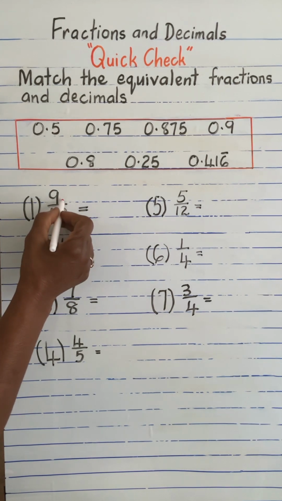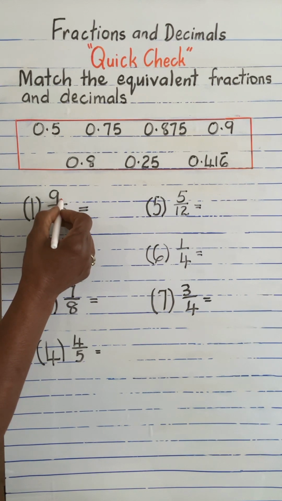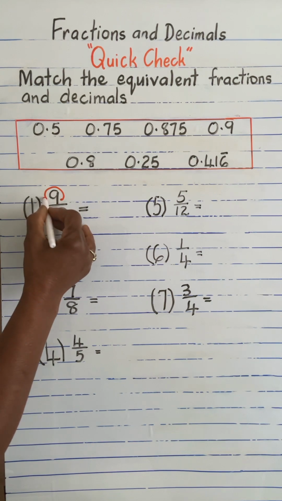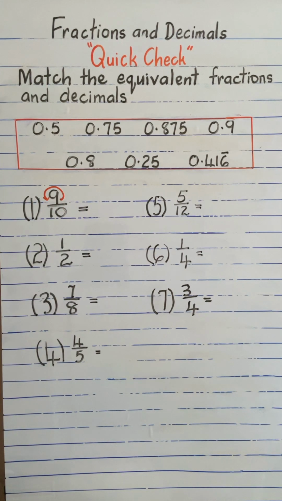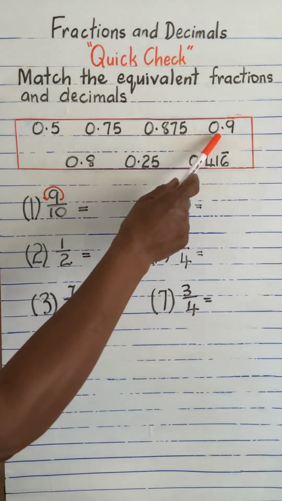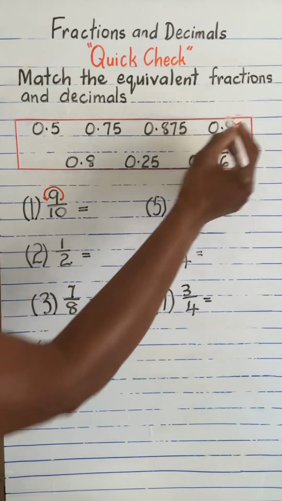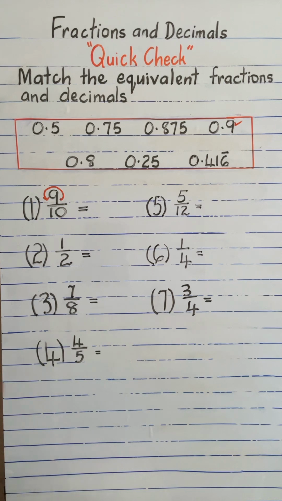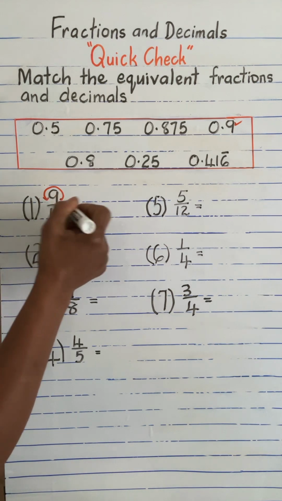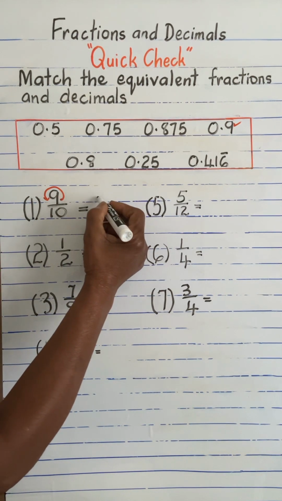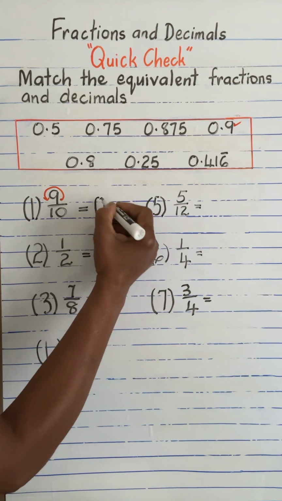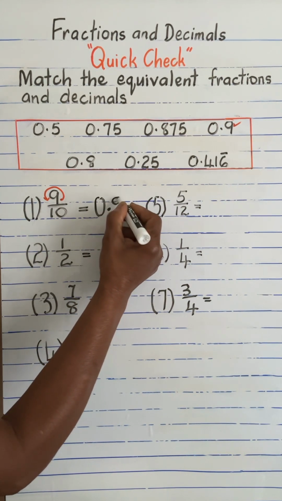So this will become 0.9. And here we have our 0.9. So we're just going to put a little check right there. So 9 over 10 is equal to 0.9.